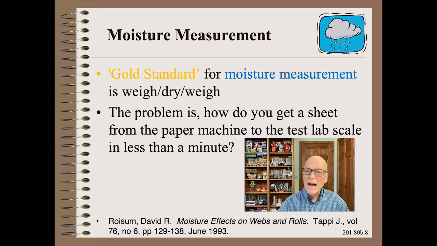Also, it is not possible to get a weight at time t equals 0, because it takes some time to move the sample from its original place, such as buried a few layers deep in a wound roll, to a new environment, such as a test lab. As such, getting bone-dry weight is easier than getting moisture levels for these reasons.